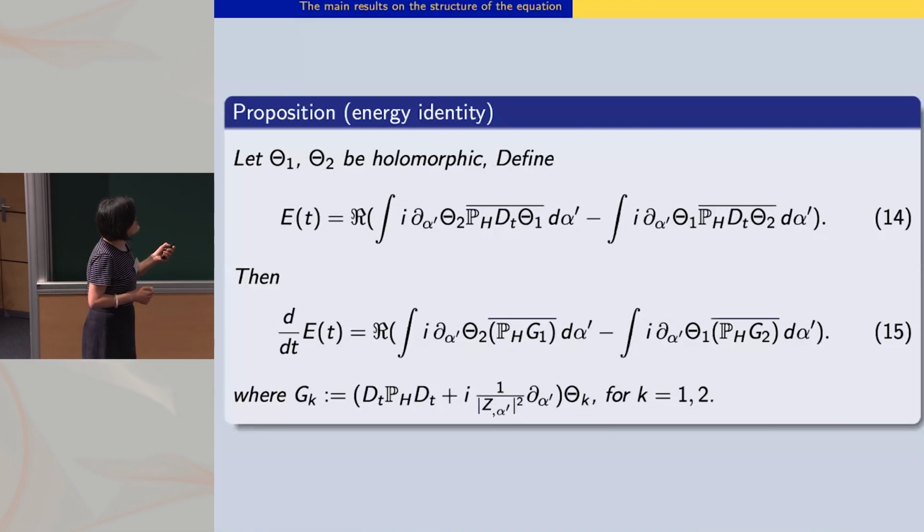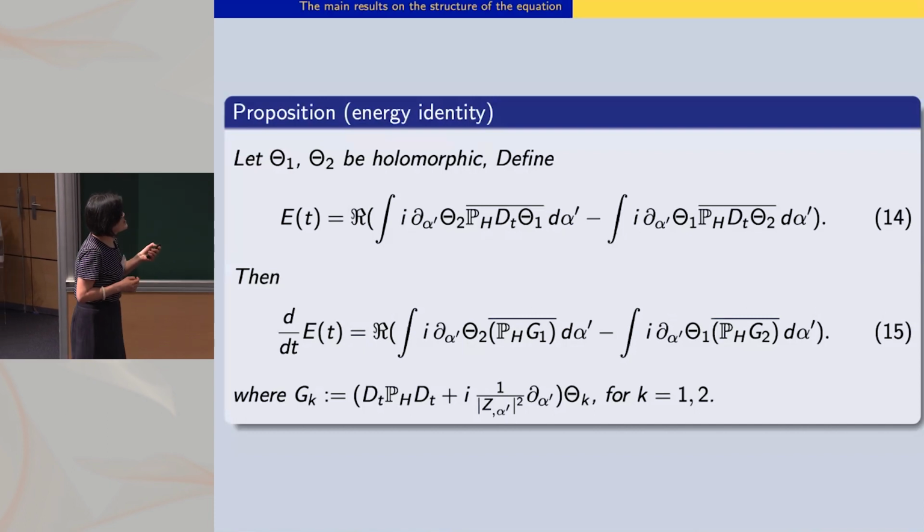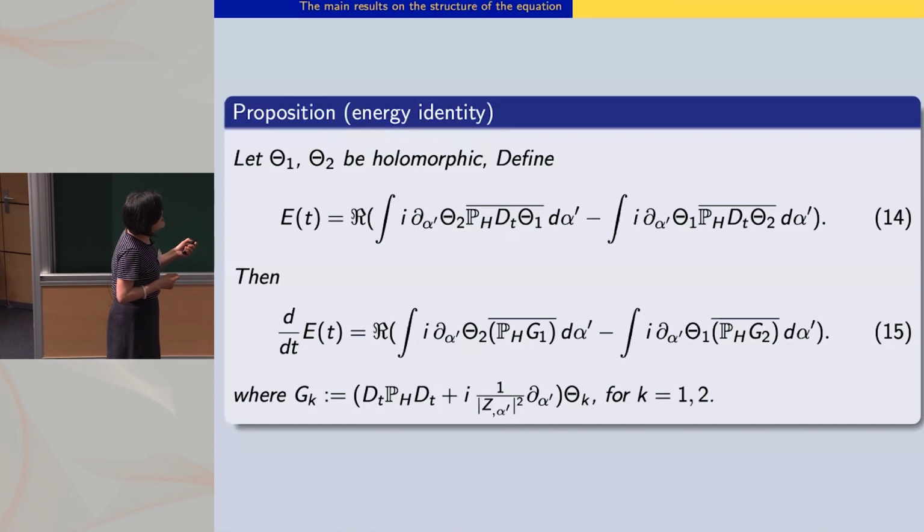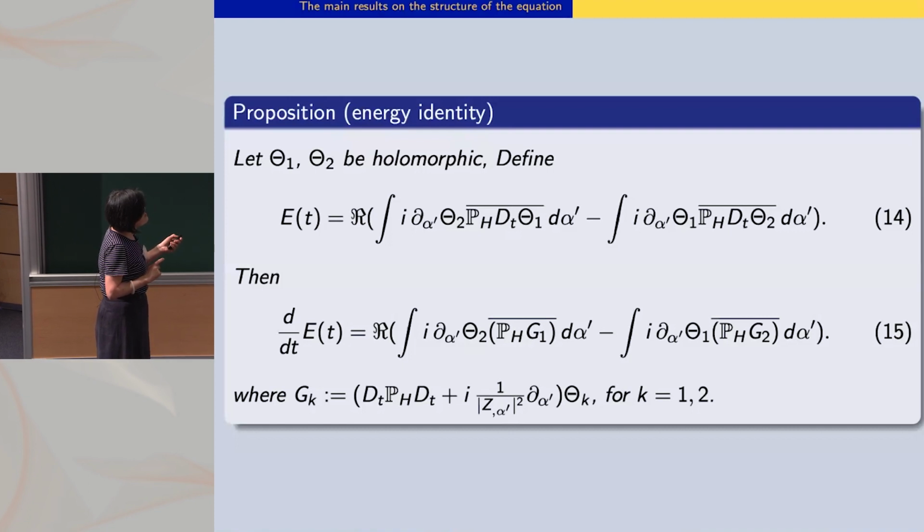Okay, so another key element involved is this energy identity. This is a new energy functional, different from the previous one, right? If you look at this energy, it also looks quite symmetric. You have two holomorphic quantities, and this I d alpha of the projection and the material derivative of the first one, and then you do this, okay?